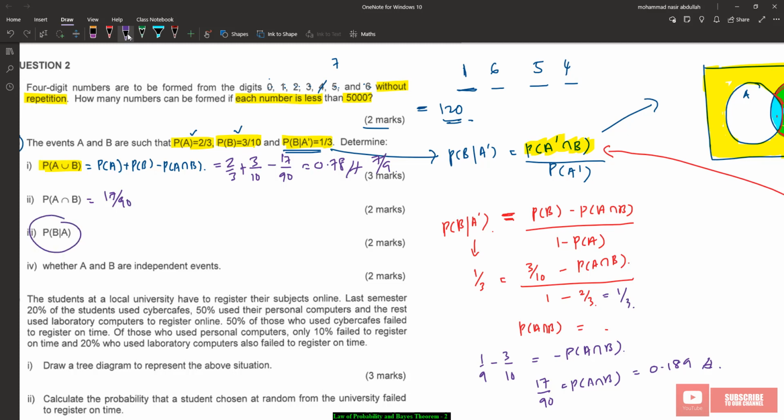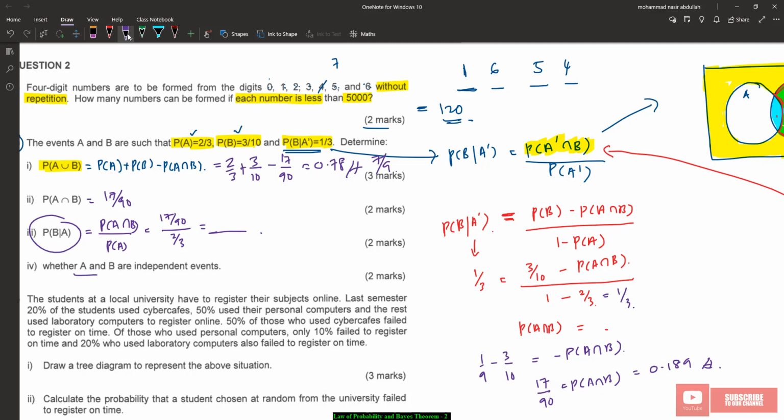And probability of A given B is probability of A intersect B divided by probability of A. You just plug in the value, 17 over 90 divided by probability of A, which is 2 over 3. So you will get this one.